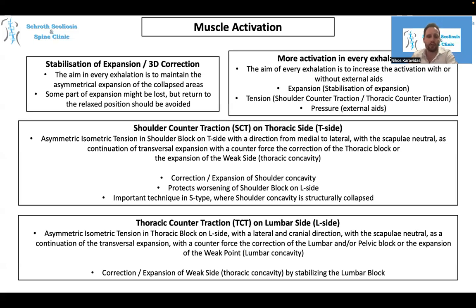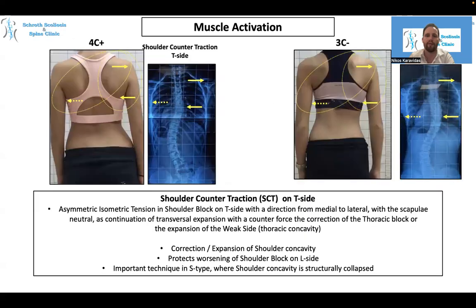The thoracic countertraction, which is a new term, is a technique that is used in every curve type in our school to correct and expand the weak side, so the thoracic concavity, by stabilizing the lumbar, or sometimes, depending on the curve type, also the pelvic block. So we have a pair of forces working for these situations.